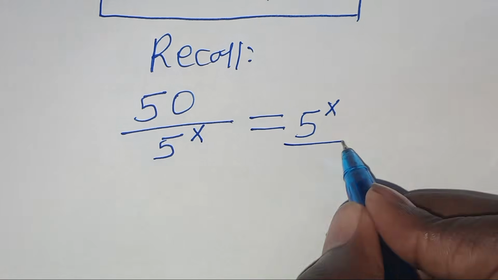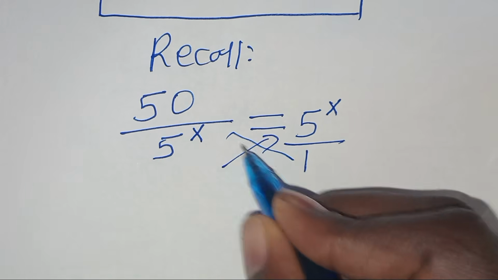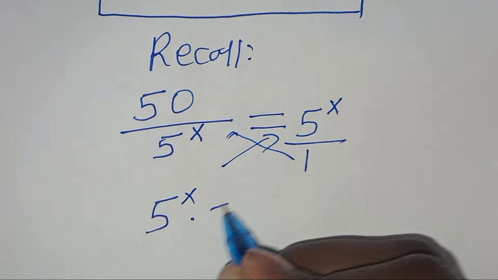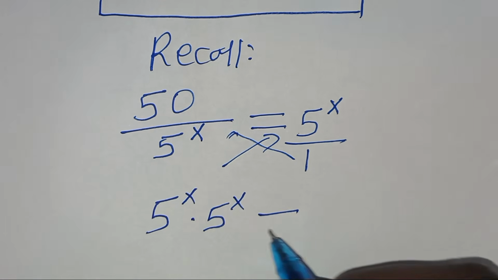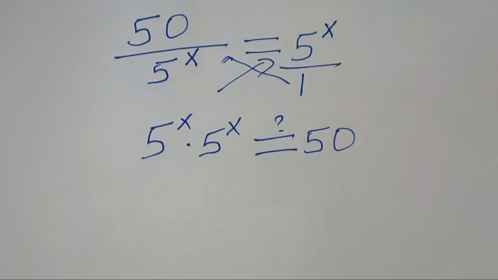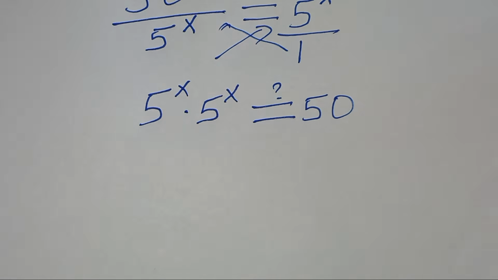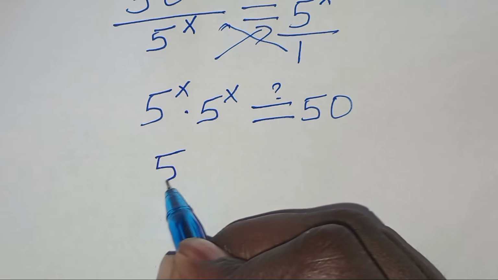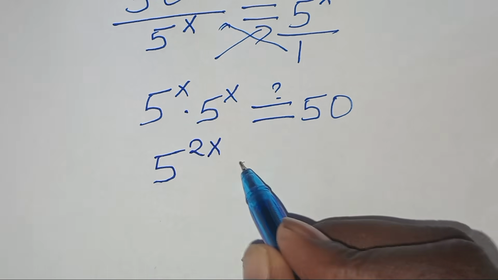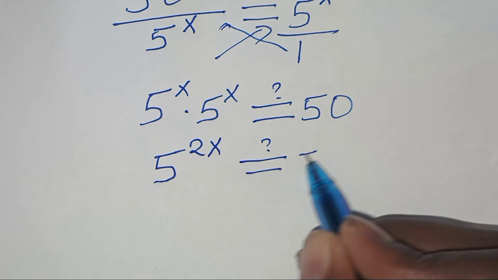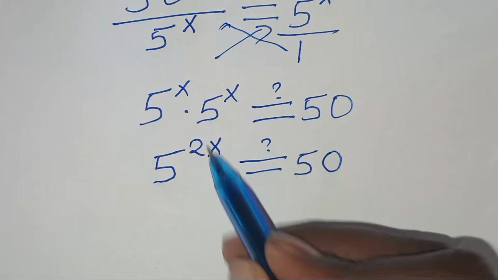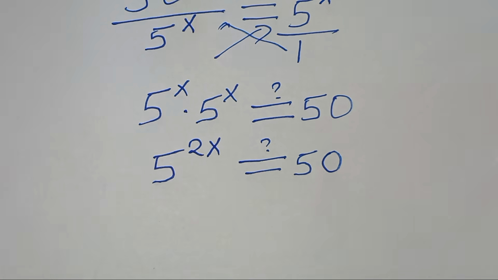Now we cross multiplied, so that we have 5 to the power of x times 5 to the power of x. This is supposed to give us a value of 50. Here we have 5 to the power of x plus x, this is 2x, and this should give us a value of 50. Now, let's substitute the value of x and check if this is true.